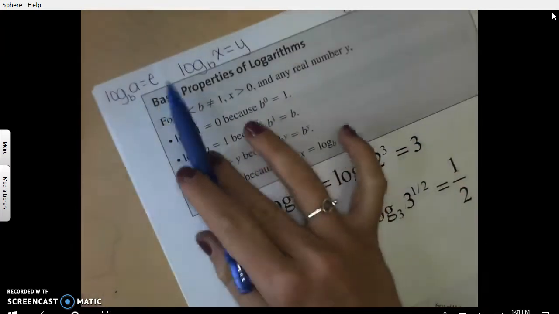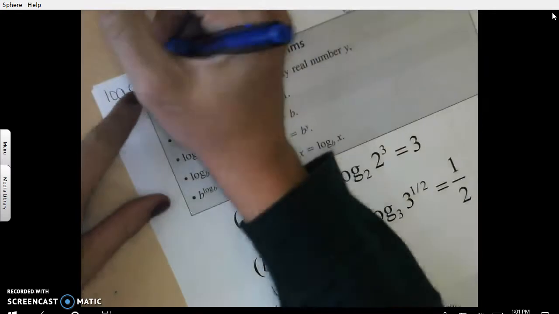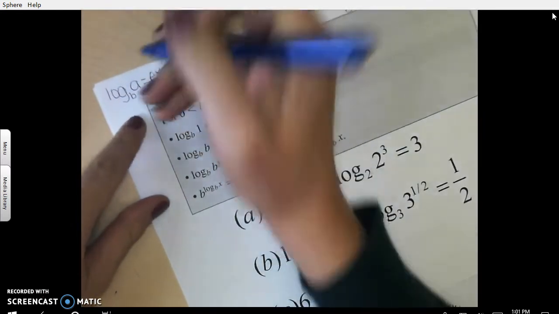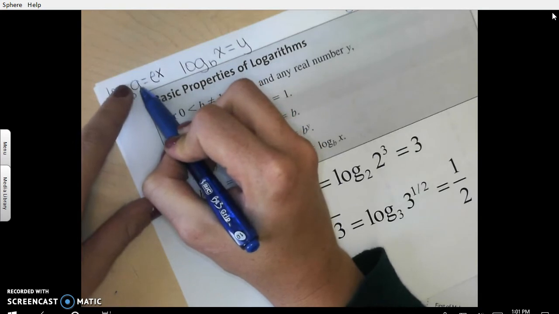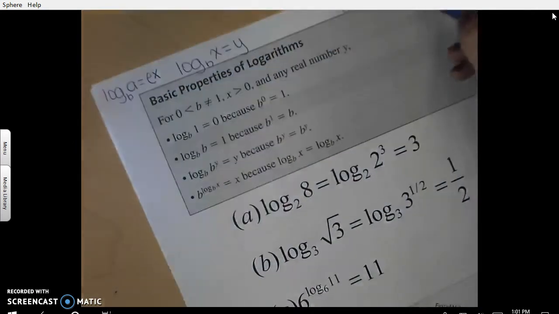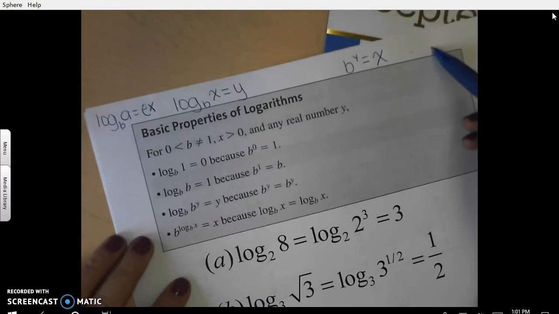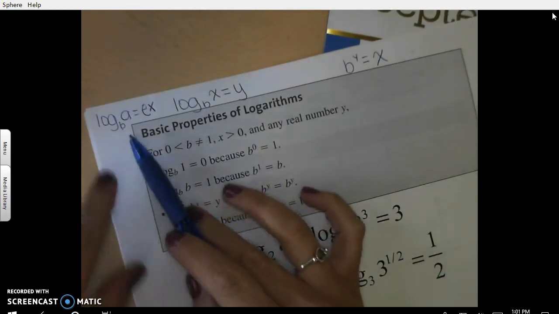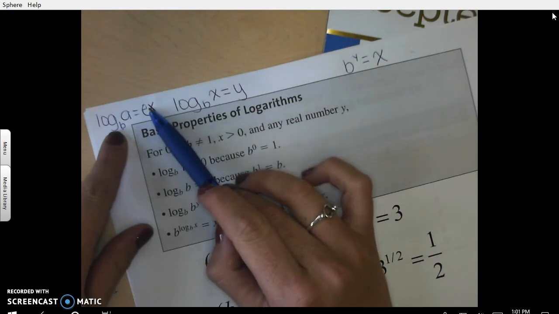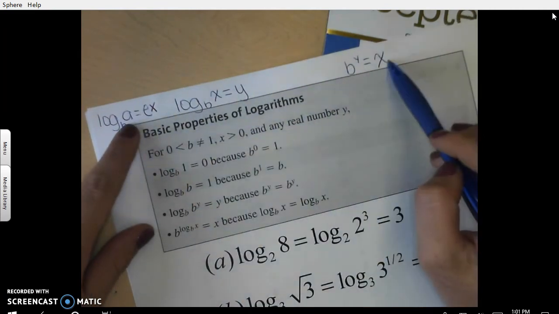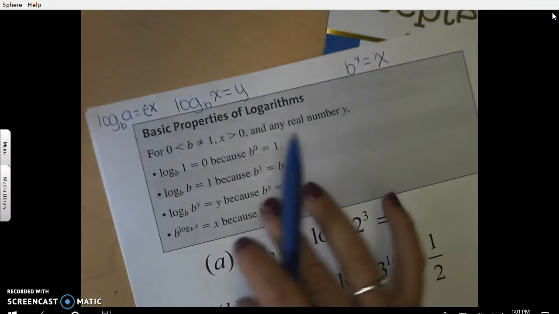This may get a little confusing with the e, but the e stands for the exponent, b is your base, and a is your answer. When we go into exponential form, the b goes where the base is, here is our exponent, and a was our answer, what it's equal to.